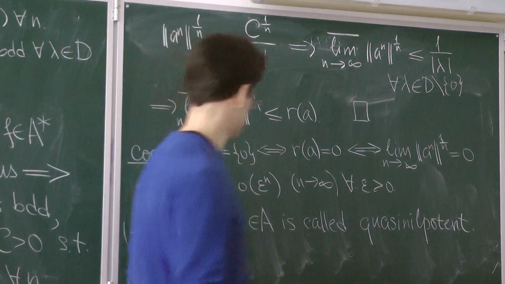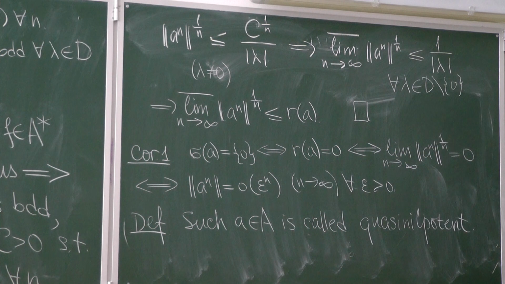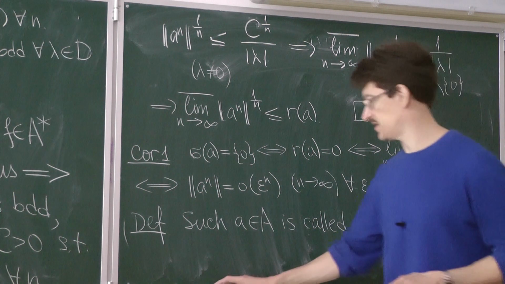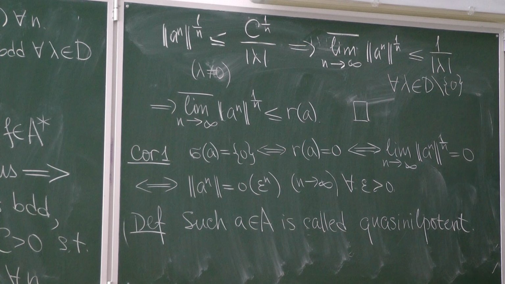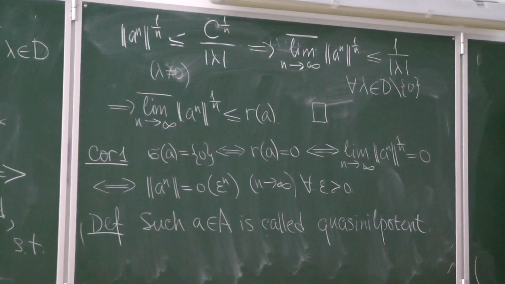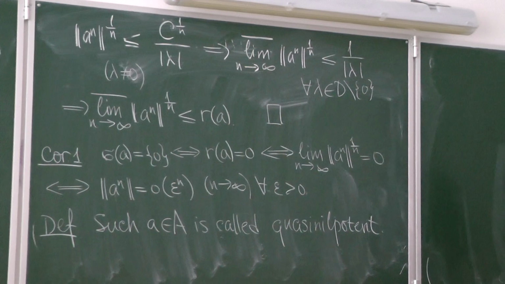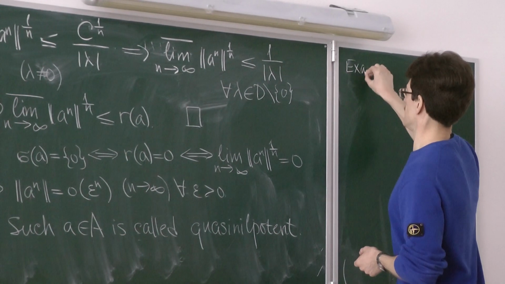But it can happen that this sequence goes to 0 very fast, but is not 0. And here is a classical example of a quasi-nilpotent element, which is not necessarily nilpotent. This is the Volterra operator, which you probably remember from one of our first lectures. An example and exercise at the same time.